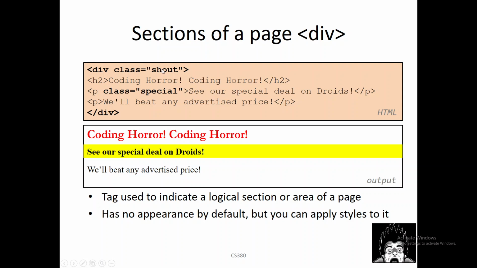The div tag doesn't have any visual elements, but it can carry a certain semantic meaning. Every div can be attached to a particular class, and we can say that this div belongs to the shout class, and so forth. This defines a block which kind of shouts something, which says some additional information.